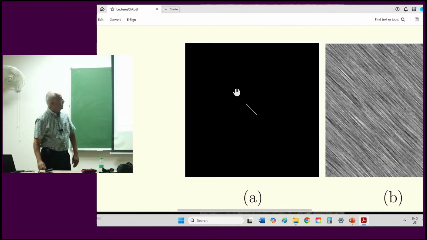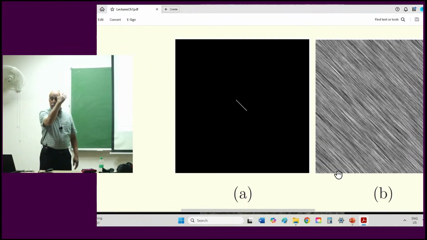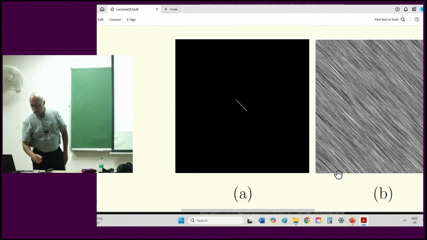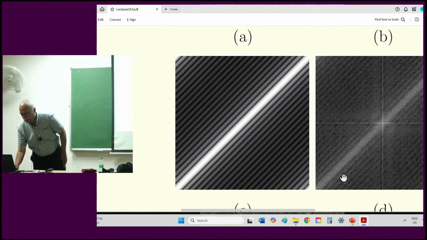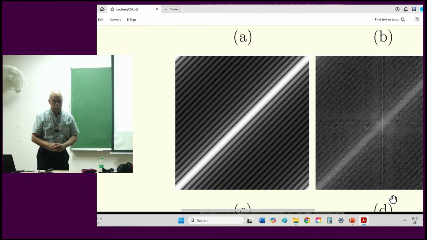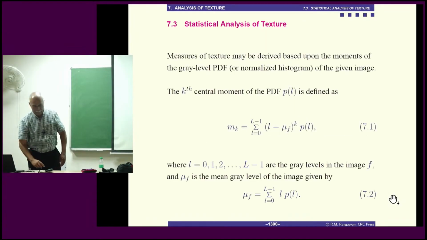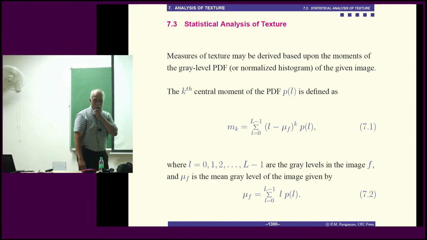There's a line there. That's the texton. When I convolve that with the noise field, I get that. That's oriented texture. Lines of various intensities. The Fourier transform of the texton and the image, but for some scaling factor and noise in computation, they are the same.